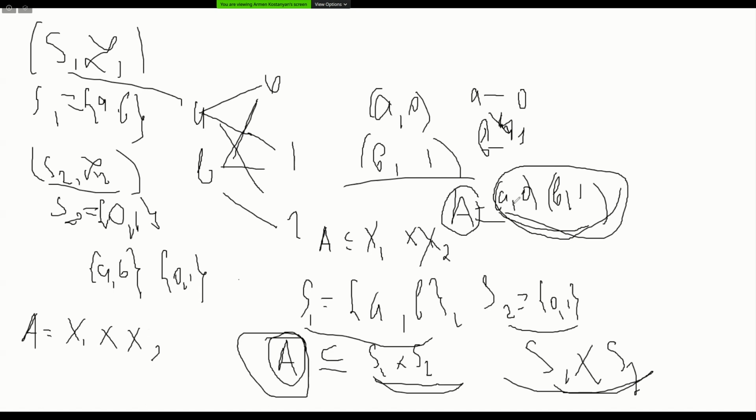Why? Because we need to have as a first component either A and B, and as a second component either 0 and 1, but in that case we need to include all other combinations as well. So this subset cannot be represented as a Cartesian product of two subsets from the first and second matroids, and that is why the hereditary property does not hold.